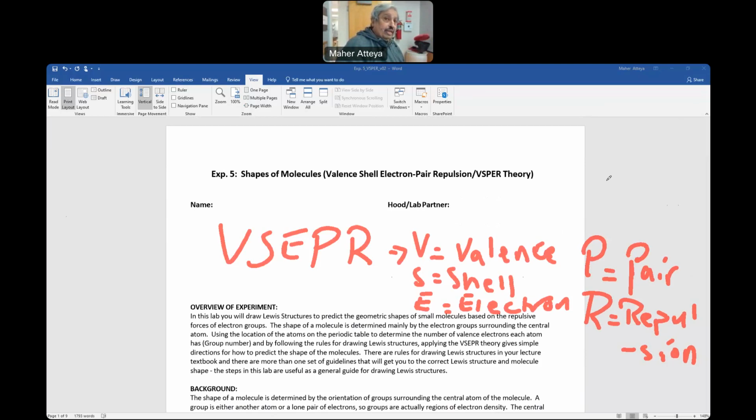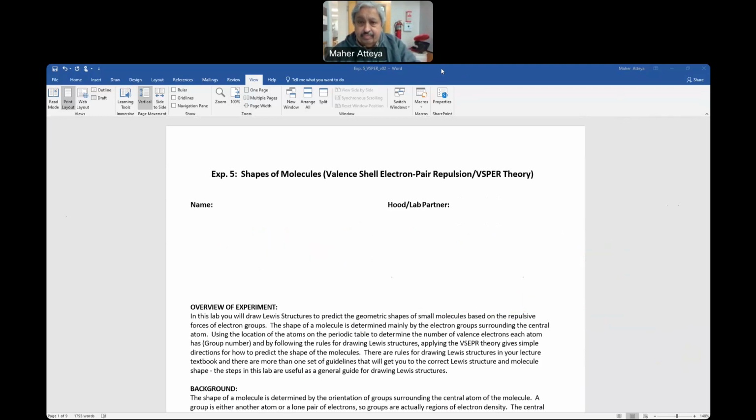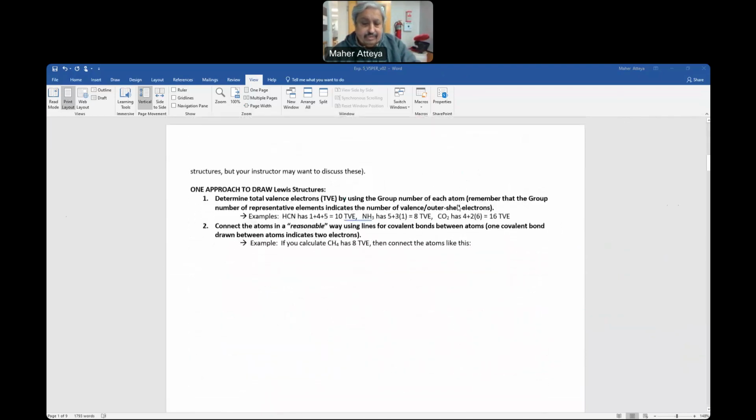And that will not be easy unless we know how to draw the Lewis dot structure. So before we go to VSEPR, we have to see how we can get the Lewis dot structure straightened out and then draw it. So let me look at the examples I gave you here.